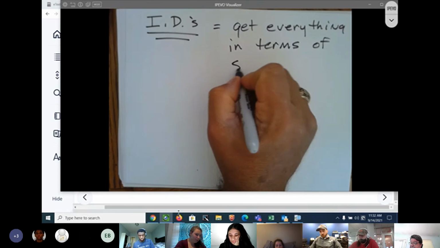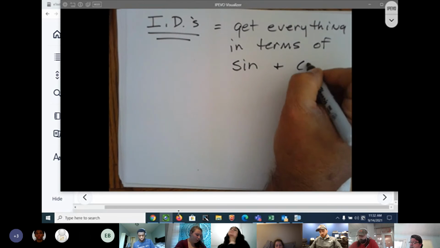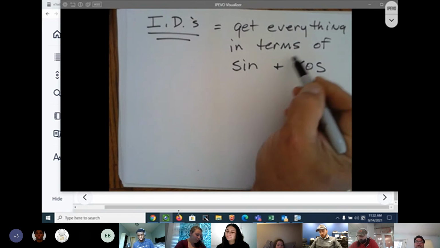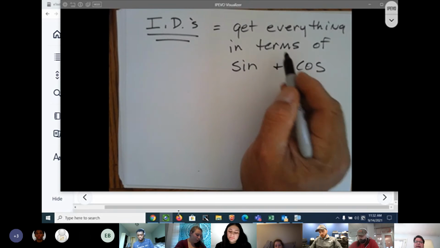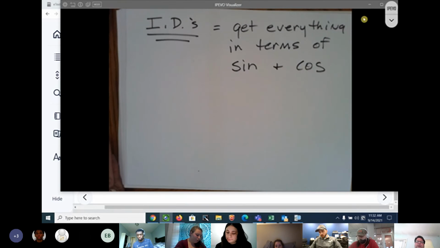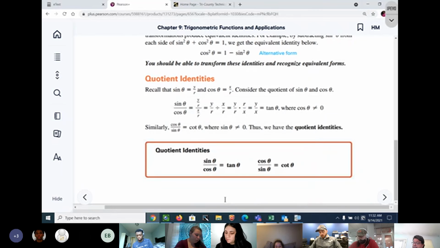Sine and what? Cosine. Okay, now in Unit 2, this is all we're going to be doing. And these reciprocal identities, the Pythagorean identities, and the quotient identities, those are going to be helpful in putting everything in terms of sine and cosine.